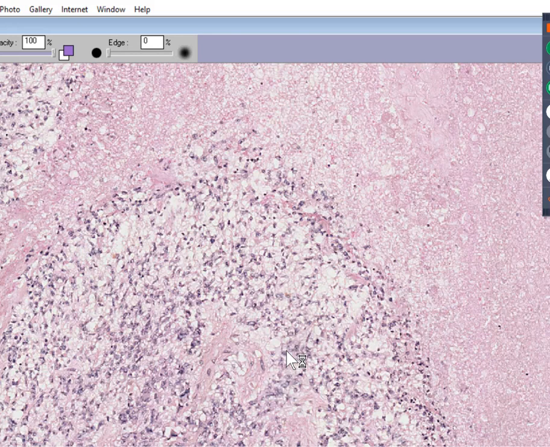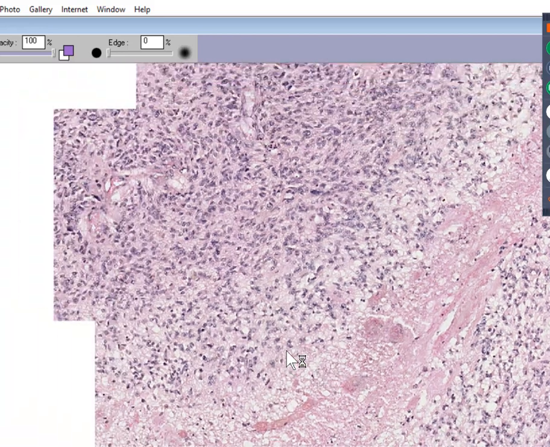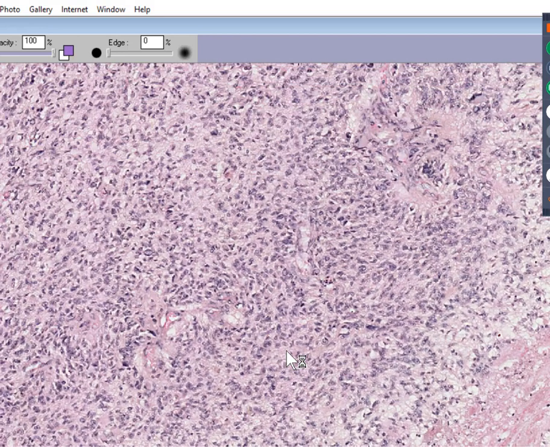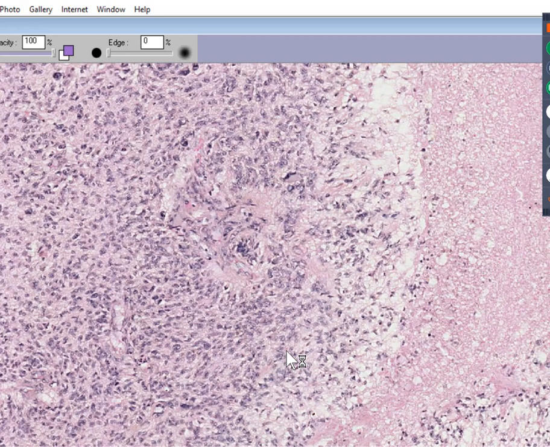And I'm going to try to find something else here, because this is another feature of the highly malignant brain tumors. And if I could find it, I'll show it to you. And if I can't find it, oh, maybe here. Yeah, maybe here. Do you see this little circular cluster here? It looks like it's a little bit palisaded, but it seems to be more viable growing around this little circle than it is away from the circular area.